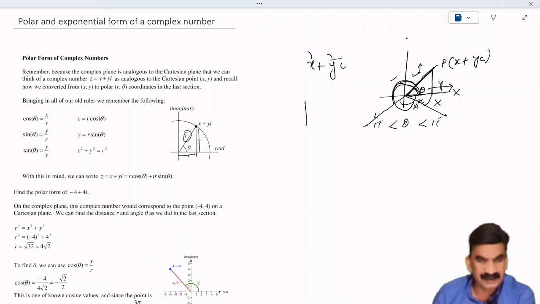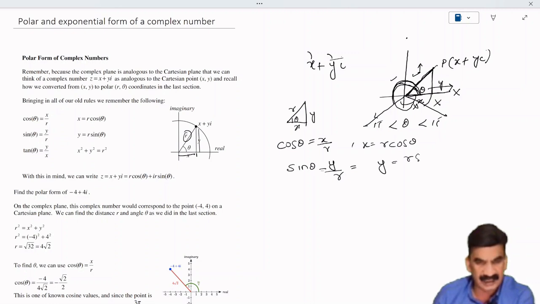By simple trigonometry, which you learned in class 10, cos theta can be written as x by r. This gives me x is equal to r cos theta. And similarly, sine theta can be written as y by r. So I get y is equal to r sine theta.